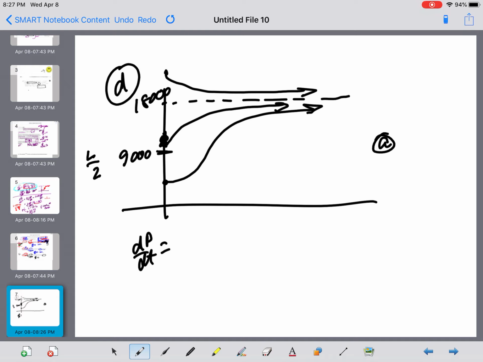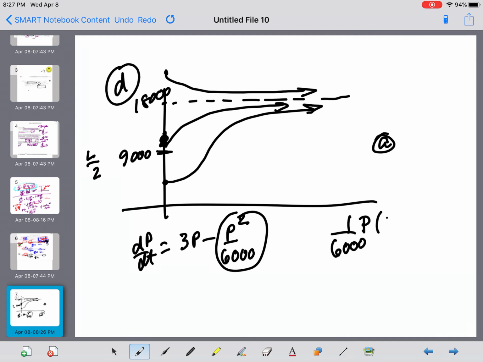All right, now let's look back at dp dt multiplied out of this problem. It was 3p minus p squared over 6,000. And I factored it. I pulled out everything I could out of this, leaving a p behind. So 1 over 6,000 p left me 18,000 minus p, and that's dp dt.